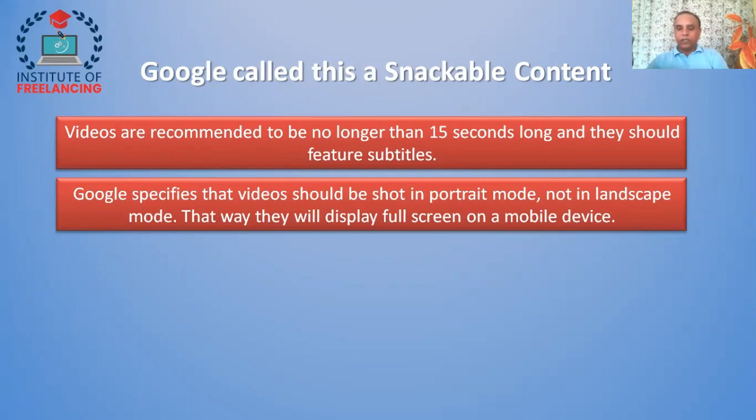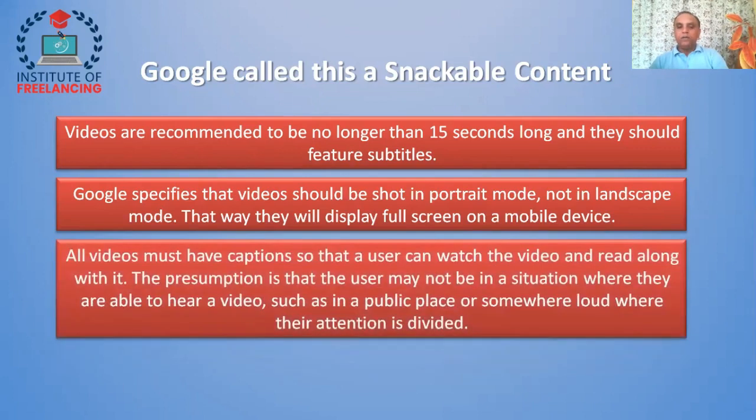Landscape mode will create problems for this, and that way they will display full screen on the mobile device. All videos must have captions so that a user can watch the video and read along with it. The presumption is that the user may not be in a situation where they are able to hear a video, such as in a public place or somewhere loud where their attention is divided.